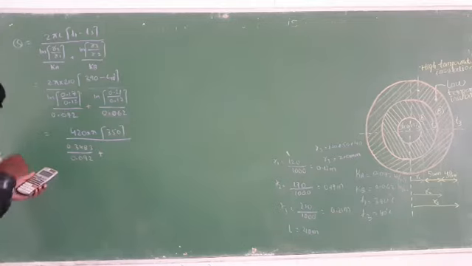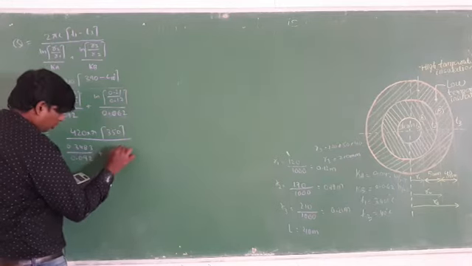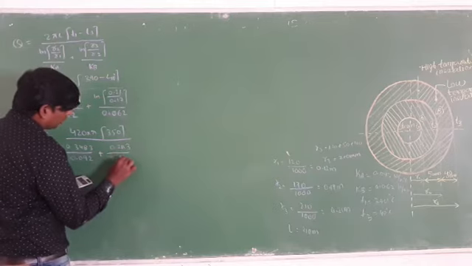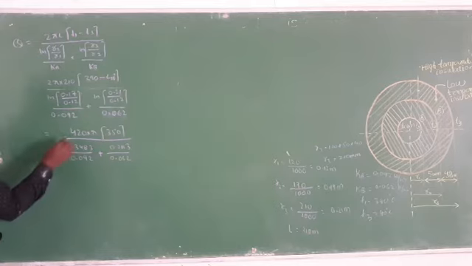Step by step you have to solve, then only you will get the full marks. So this is 0.2113 divided by 0.062. After that, try to solve this one first.